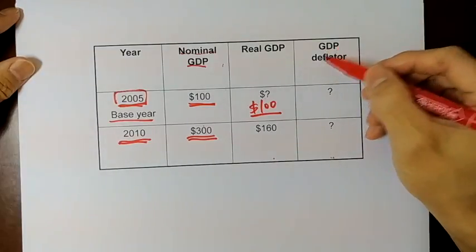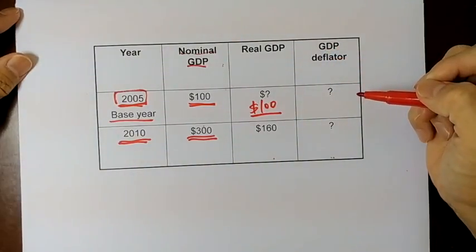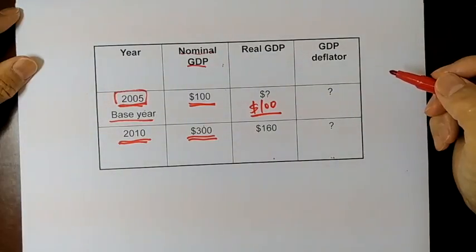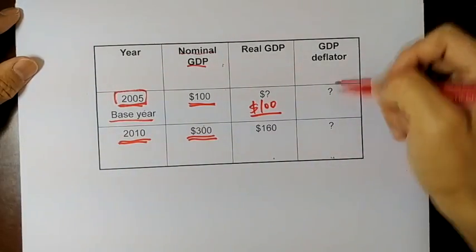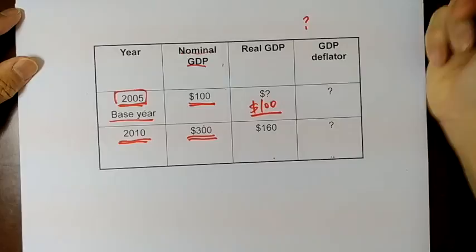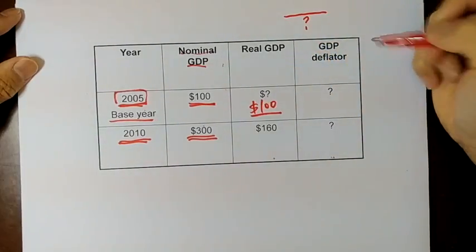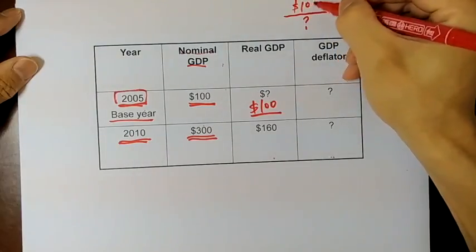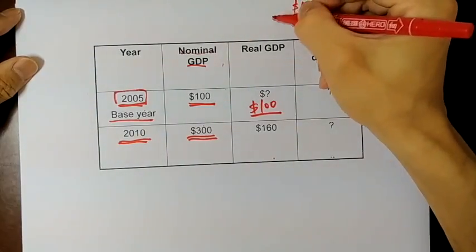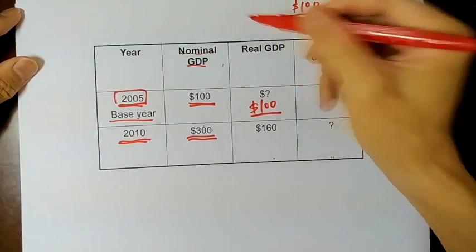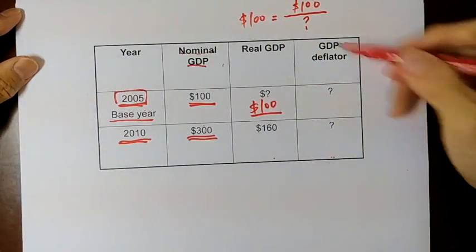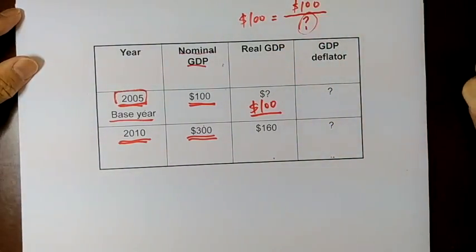Therefore, what is the GDP deflator in 2005? Remember, GDP deflator is used to deflate the nominal GDP to get real GDP. So what is the question mark?